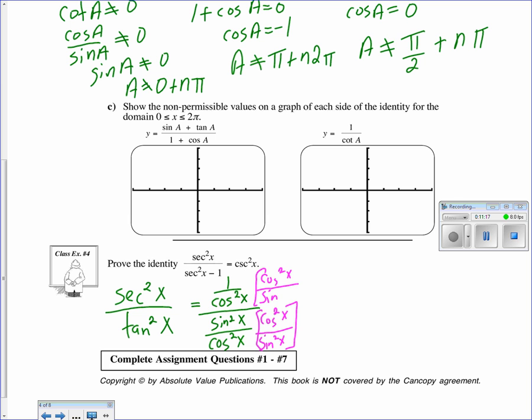It takes a while to get this detective work down. Sine squared x, cos squared x cancels in the denominator. In the numerator, some of it also cancels, and I'm left with 1 over sine squared x, which I actually recognize to be equal to csc squared x. So I've actually made my left-hand side equal my right-hand side. And that's considered to have proven the identity.